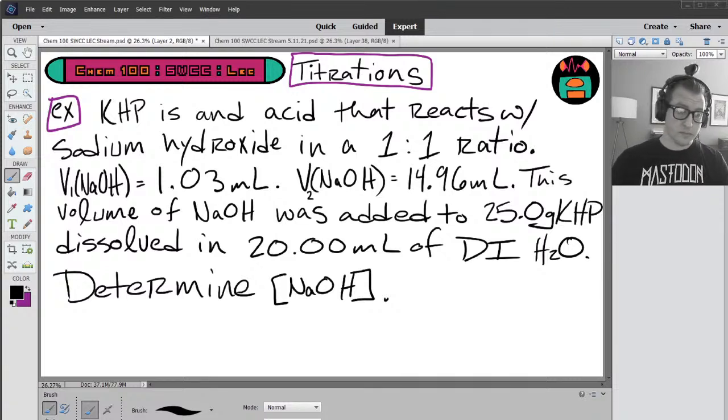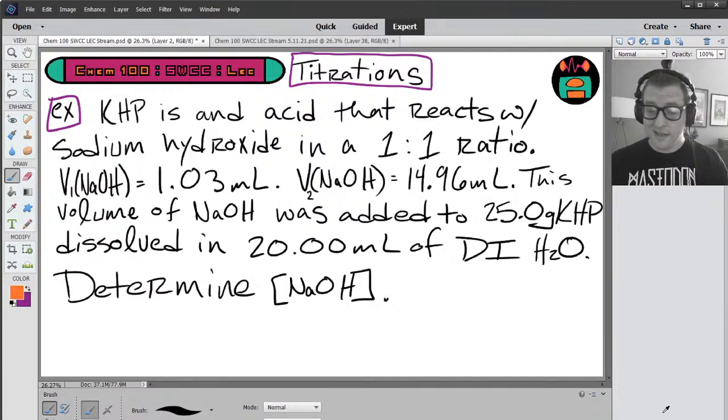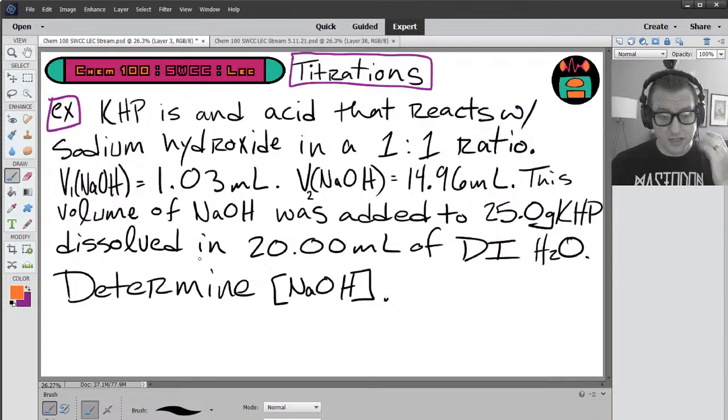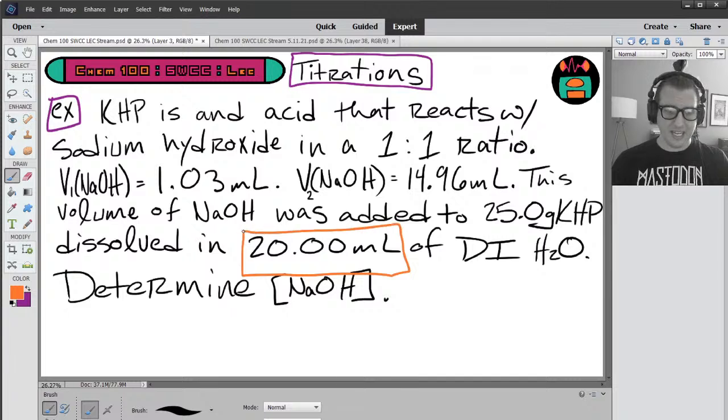Now, the first thing I want to point out, and those of you who got started early on the lab exercises, several of you have asked me about this already. For those of you who haven't, FYI, this part right here, where it says 25 grams of KHP was dissolved in 20 milliliters of DI water, I think it was like 25 in the lab exercise, this is extra information.